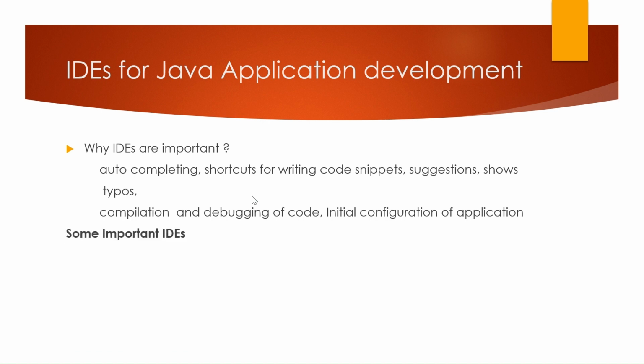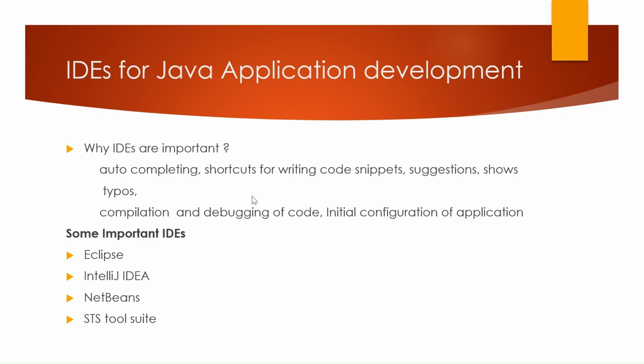So here are some of the IDEs related to Java development. These are IDEs like Eclipse, IntelliJ IDEA, NetBeans, and STS, the Spring Tool Suite. Okay, so these are some of the IDEs, or integrated development environments, as we call them. They are specifically well suited for Java application development.